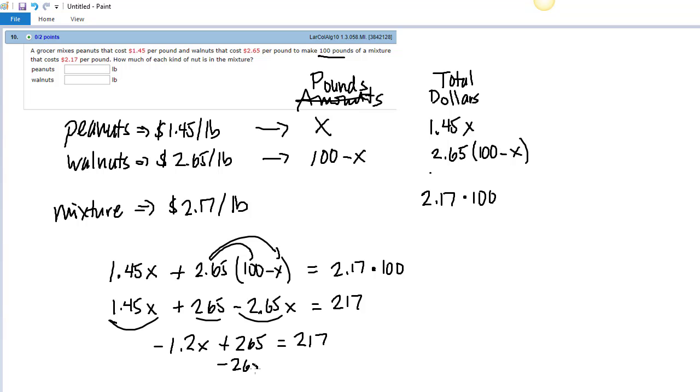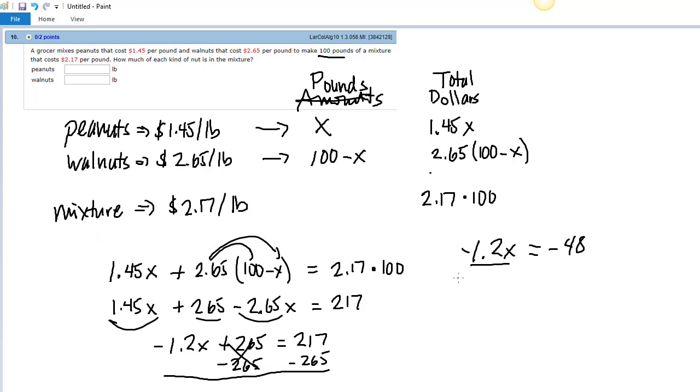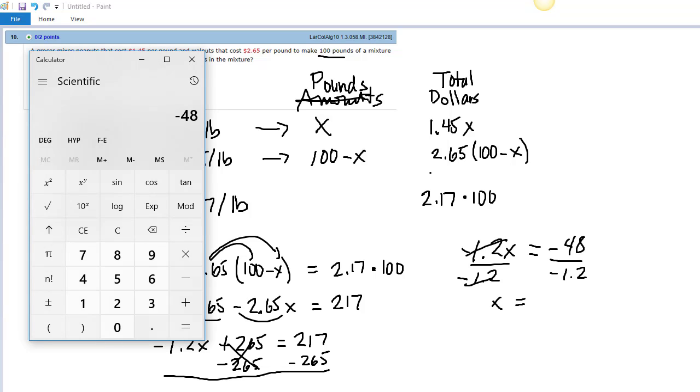Now I'll subtract 265 from both sides, and I get negative 1.2x equals, and now I'll get my calculator back out, and I'll take 217 minus 265, and so I get negative 48. Now I divide both sides by negative 1.2, check my calculator one more time, 48 divided by 1.2, and I need to make that negative 40. So x is 40.